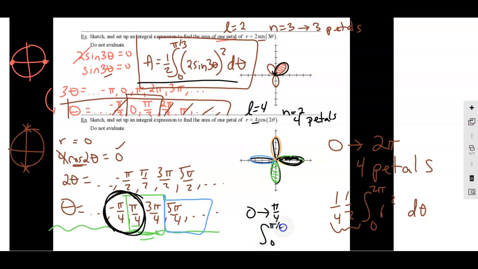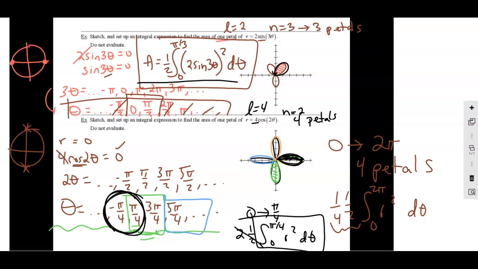So here, if I did 0 to pi over 4 of r squared d theta, this is 1/2 of the petal, because it starts over here at 0, then it traces that, and that would be the interval 0 to pi over 4. But then if you just doubled it, that integral would work. 1/2 and the 2 would cancel, right? Because of symmetry, if you only do half of the petal, multiply it by 2, that's kind of nice because you don't have that 1/2 in the front. So that one would work.